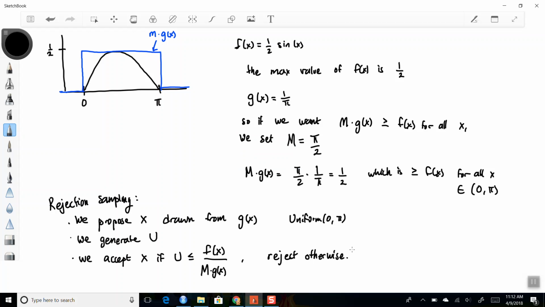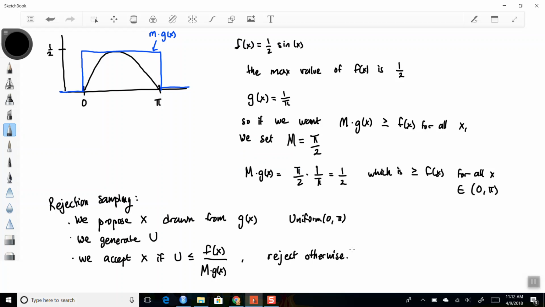And so we generate a value between 0 and pi from the uniform distribution. The uniform distribution, though, will propose all values on that interval equally. Values near 0 are proposed as equally as values near pi over 2, which are proposed as equally as values near pi. But if we look at the PDF, we don't want all the values equally.